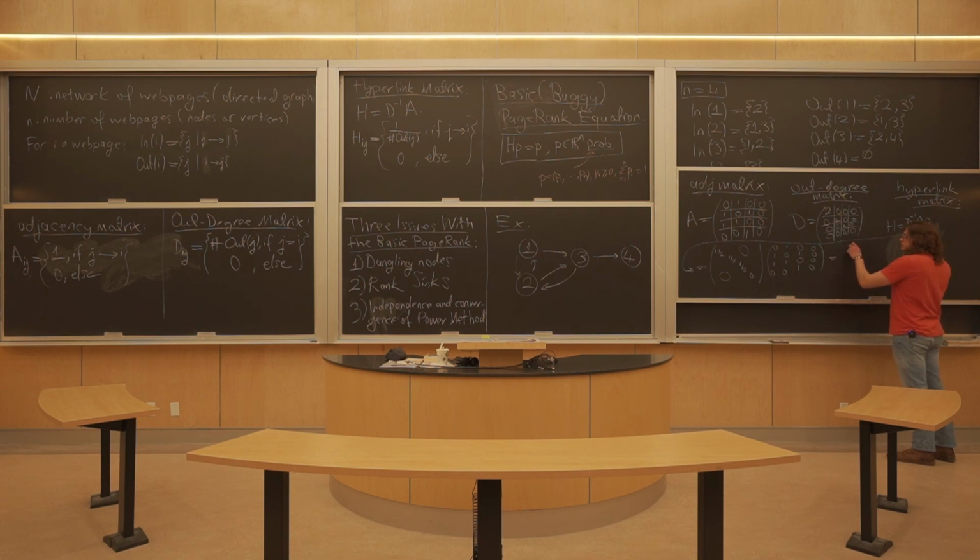Yeah, so now writing this down, we get this. Then 1 over 2, 0, 1 over 2, 1 over 2, 0, 0, 0, 0.